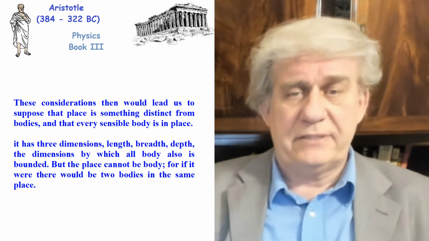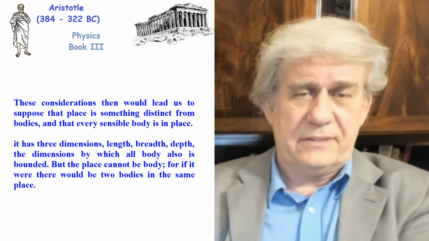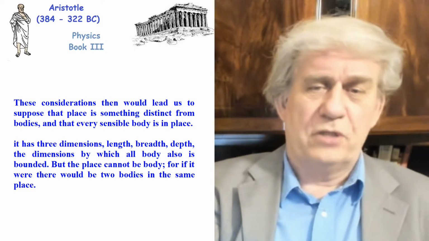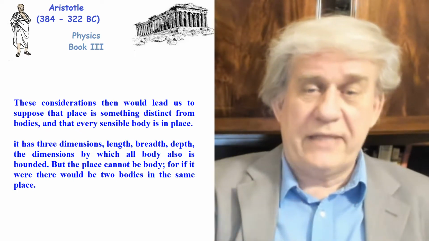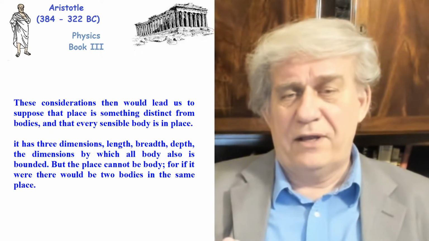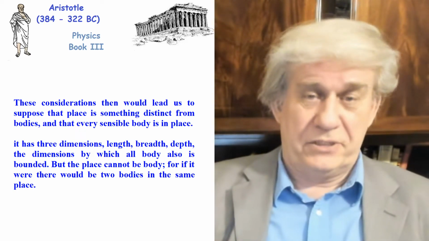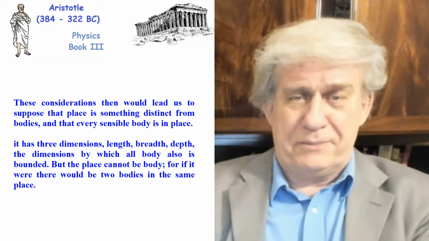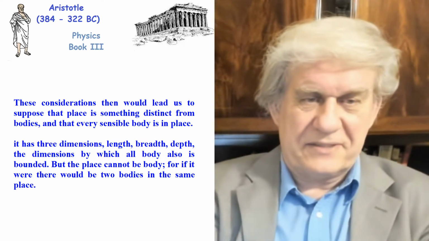In other words, you have a place and you have a body, and the body occupies what he's going to be analyzing here, what he calls place, okay? Place has 3 dimensions, because, you know, you can't have 2 dimensions or no dimension. You have to have some kind of dimensions in that hole so that a body can occupy it. This is the sense he has, okay?